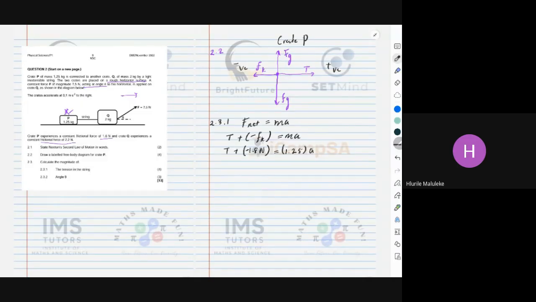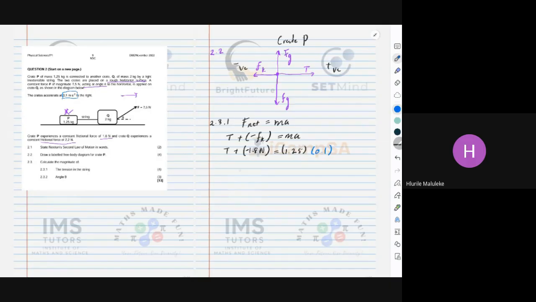Since here we've got two unknowns, we don't actually have two unknowns because there is somewhere where they told us about this thing here, right? So that means here you would have to substitute your acceleration, which is 0.1, right?